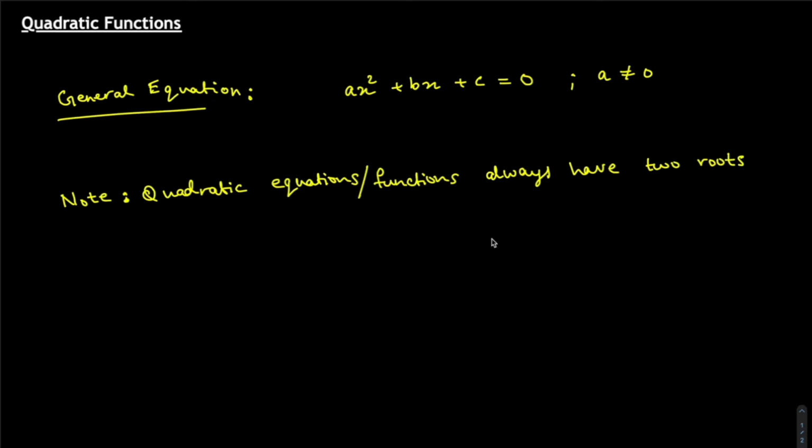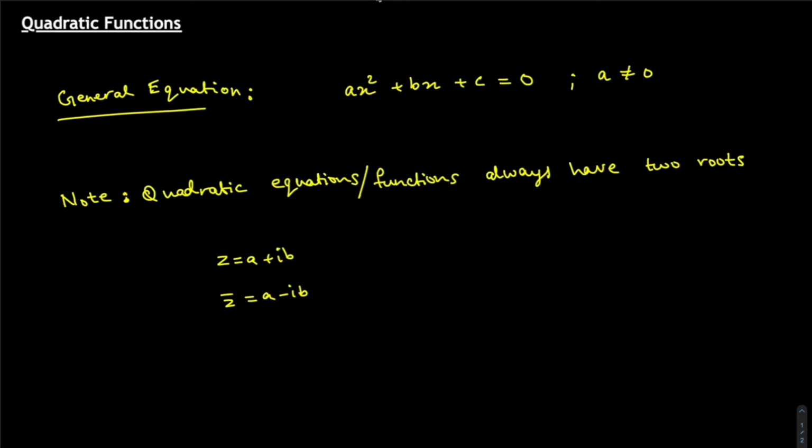Okay, this is key. These 2 roots can either be imaginary or both can be real. Because remember, imaginary roots always come in pairs. Remember, we talked about complex numbers, right? If we have a complex number z is equal to a plus ib, its conjugate will also be a root, which is z is equal to a minus ib. So if one root is a complex number, the other will also be a complex number. Okay, so that's one more thing.